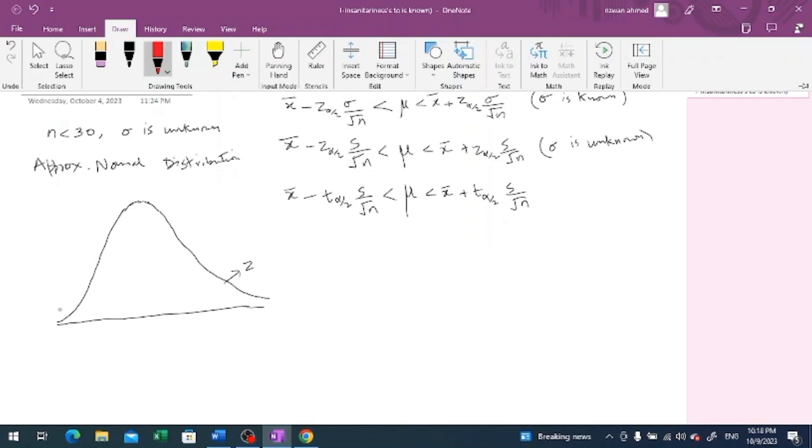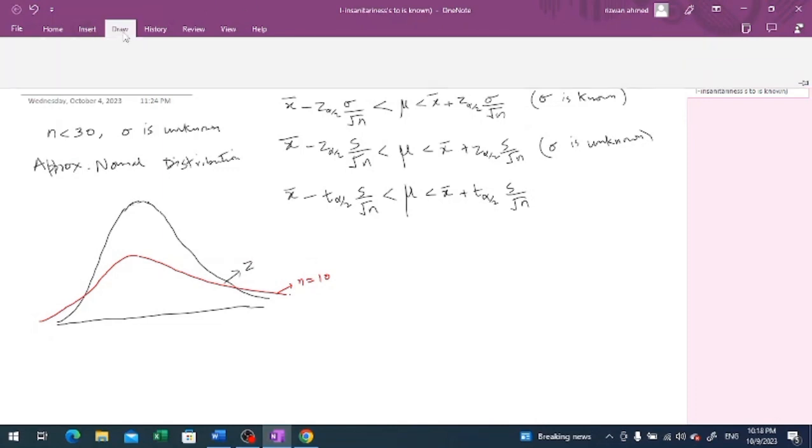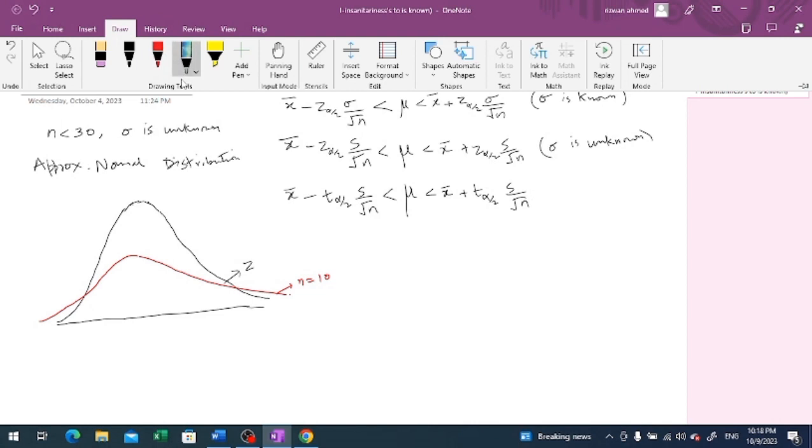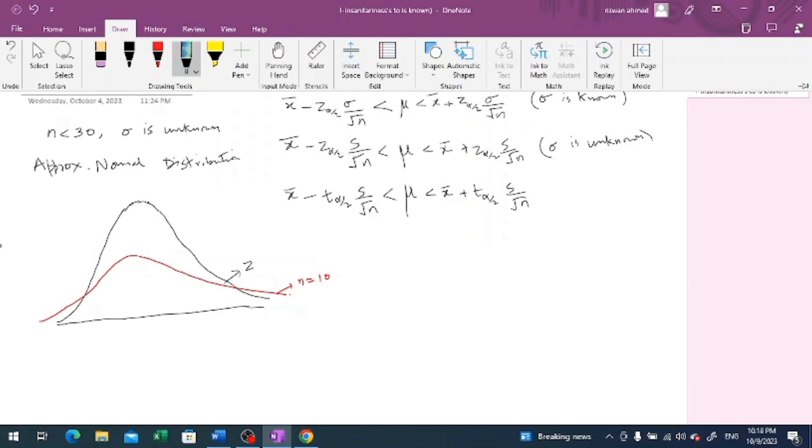So I'm using red color to draw the sample size of 10 curve. Here n equals 10, and after changing the color, I'm going to draw another one with green.